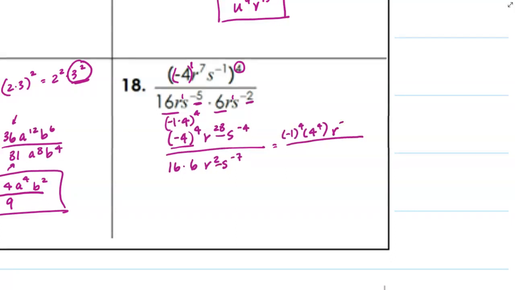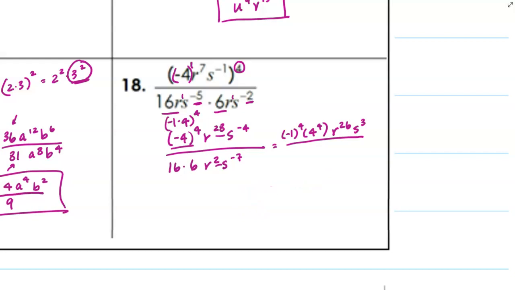We subtract, R to the 26th. And then S, that is going to be S to the 3rd. You can think of it as S to the -4th and S to the -7, and we're adding this to this, and it becomes S to the 3rd. Or once again, you can just take this and put it on the top. Take that negative exponent and make it positive, and it's still S to the 7.